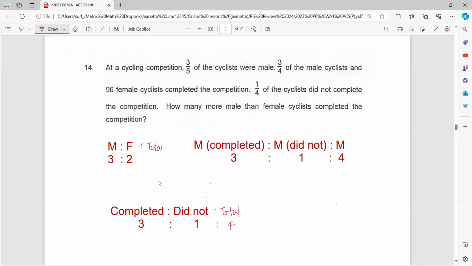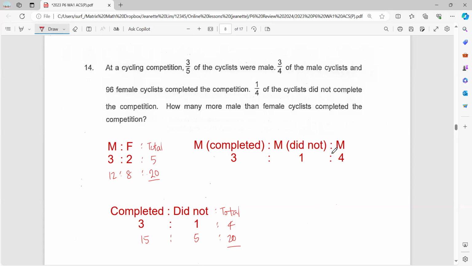Here I have 4, here I have 5. So let's change it to 20. The total is the same. Here times 5, so 15. 5, 20.